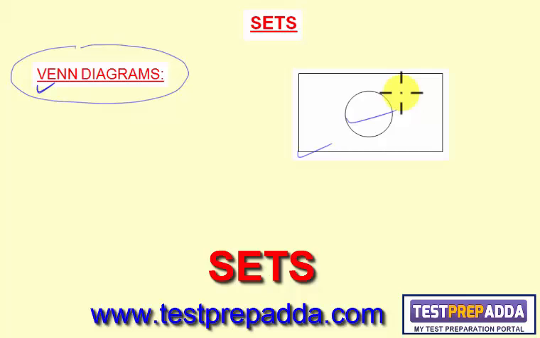Now, what is universal set? Universal set is a set of all elements of a group under consideration. It is a set of all elements. Now, in diagram, we represent this universal set usually by a rectangle.